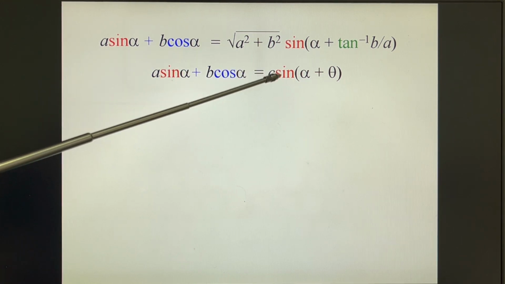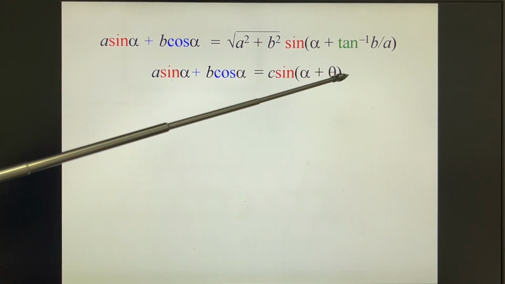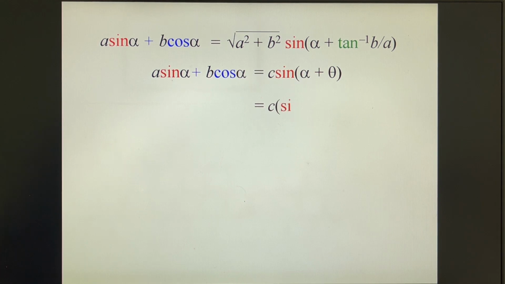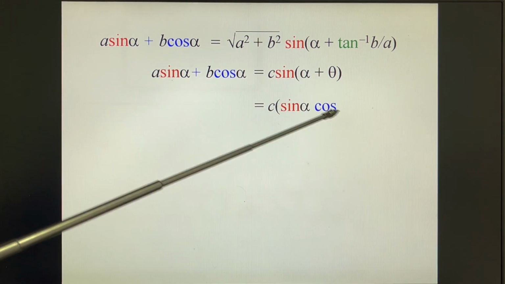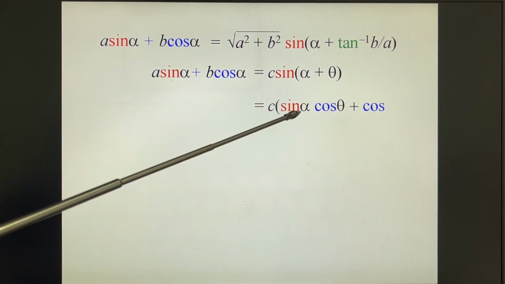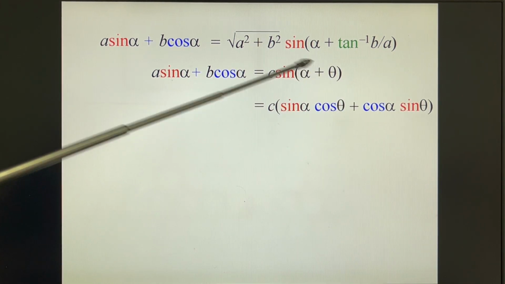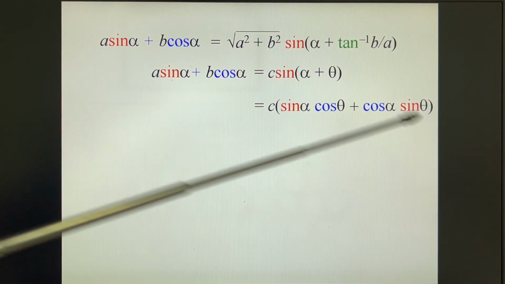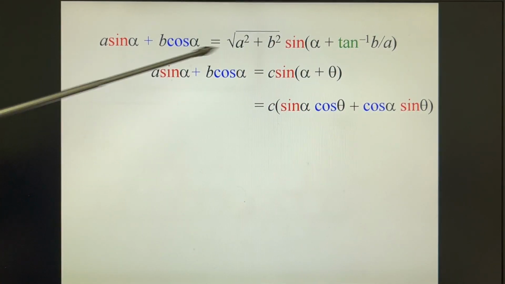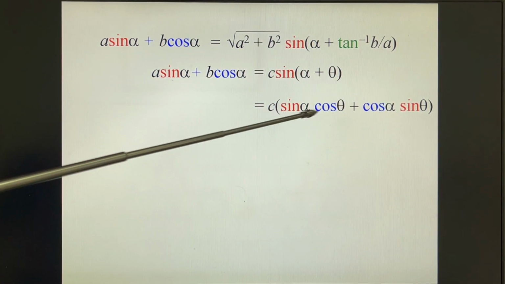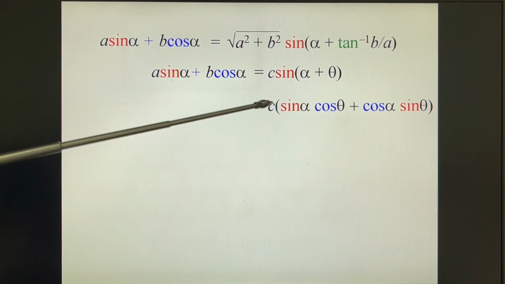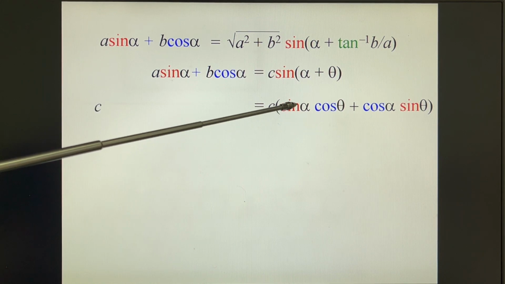How do I do? I just expand sine alpha plus theta. Sine alpha plus theta equal to sine alpha cosine theta plus cosine alpha sine theta. In order to compare with this one, I rewrite this one. C sine alpha cosine theta, I write C cosine theta sine alpha.